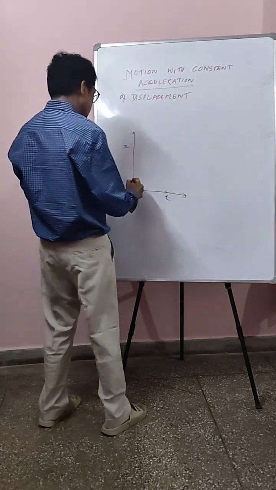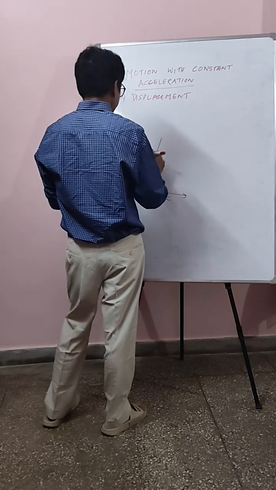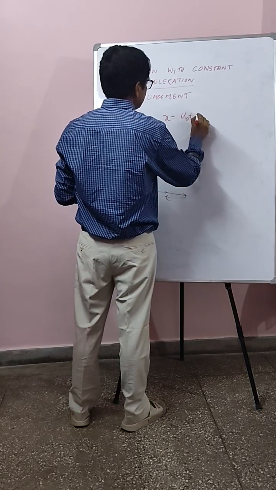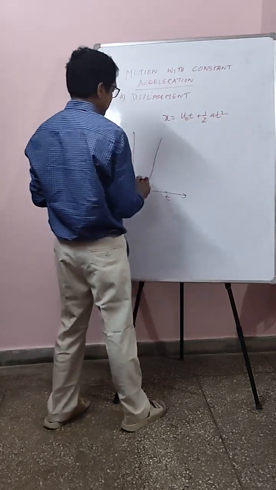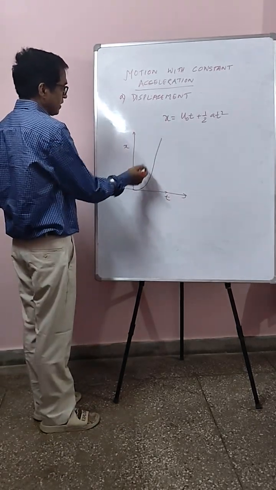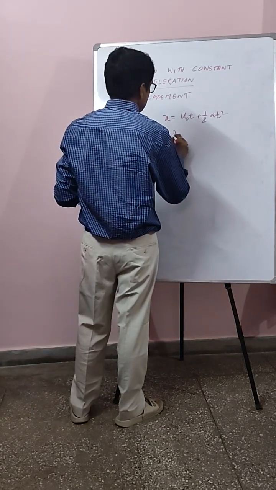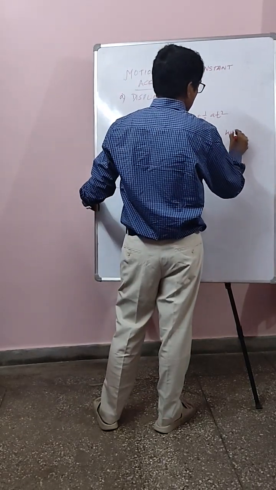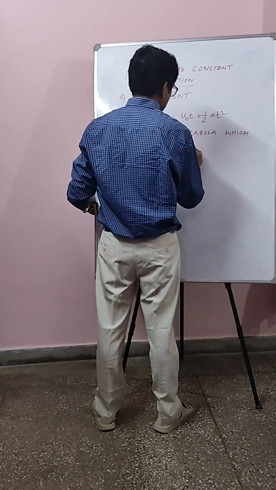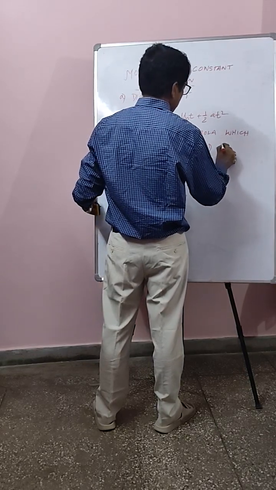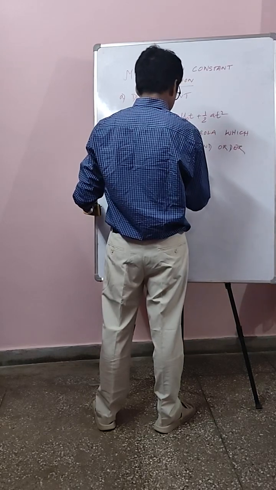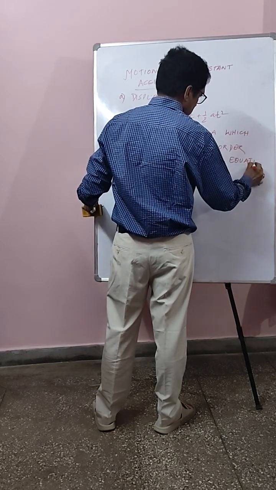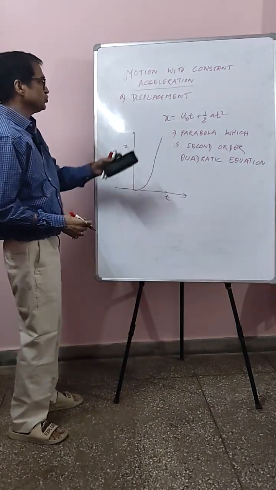When the motion is with constant acceleration, the position-time graph is a parabola, and x equals u0 t plus half a t square.